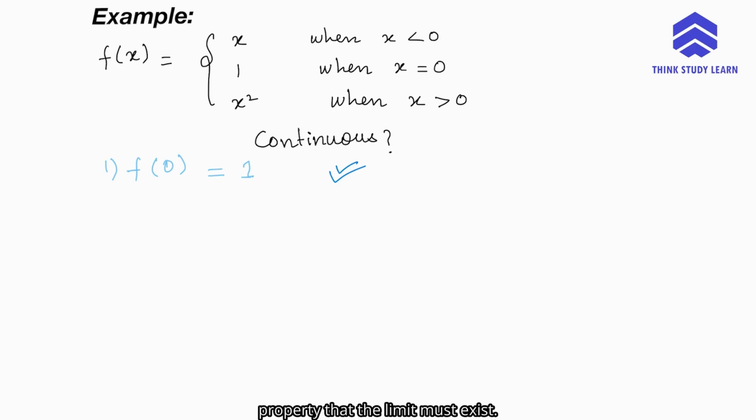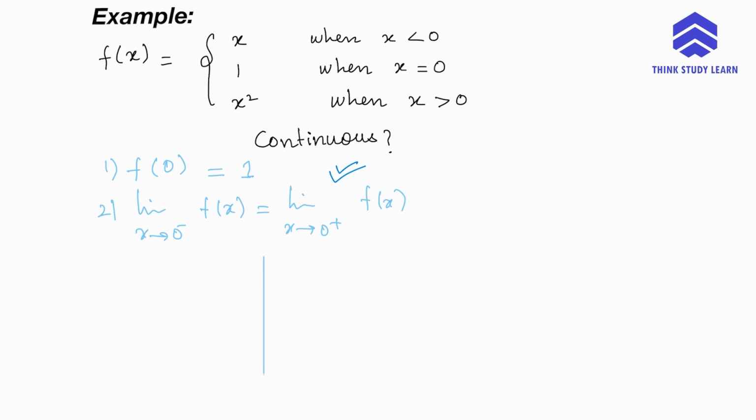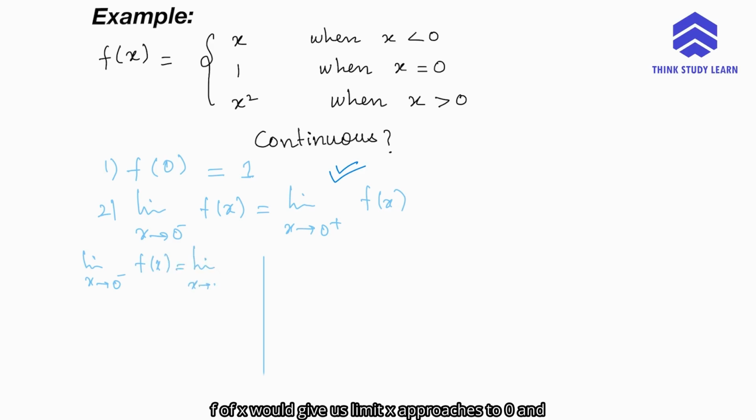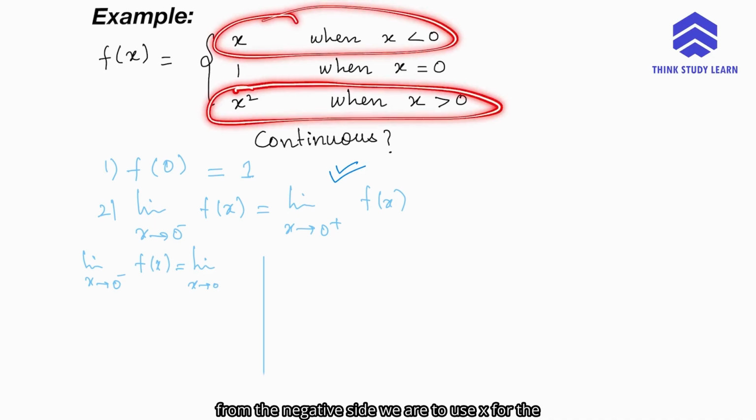Now moving on to the next property, that the limit must exist. We have to check that the left-hand limit, x approaches 0 from the negative side, f(x), is equal to the limit as x approaches 0 from the positive side, f(x). If this is equal, then we say that the limit exists. So let's check it. The limit as x approaches 0 from the negative side of f(x) would give us the limit as x approaches 0 of x, because from the negative side we are to use x, and for the positive side we are to use x squared.